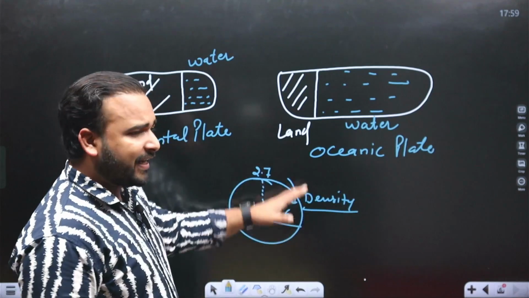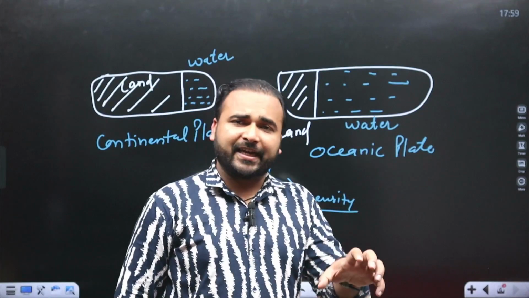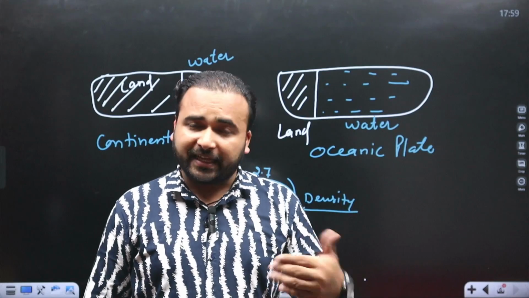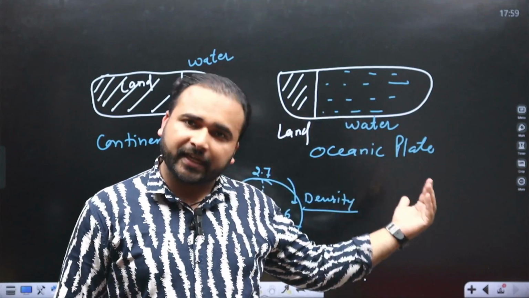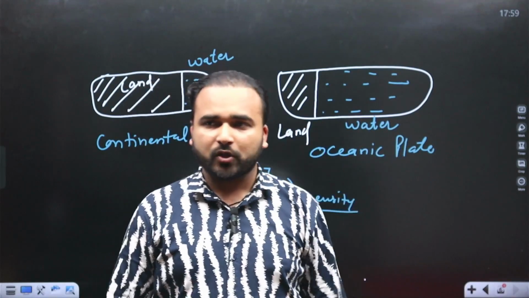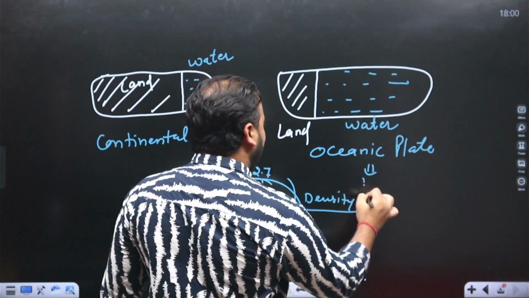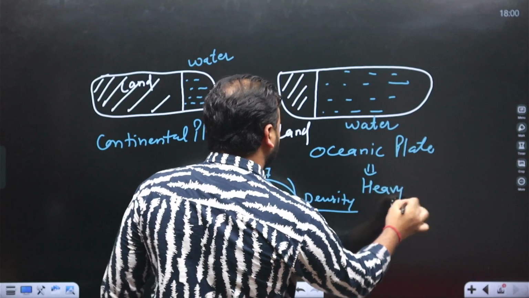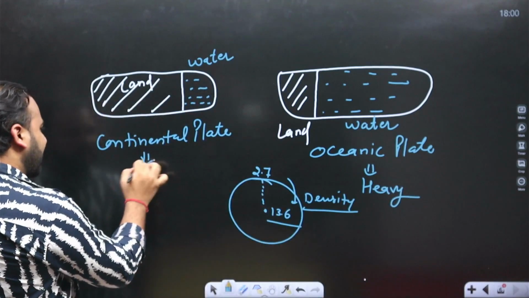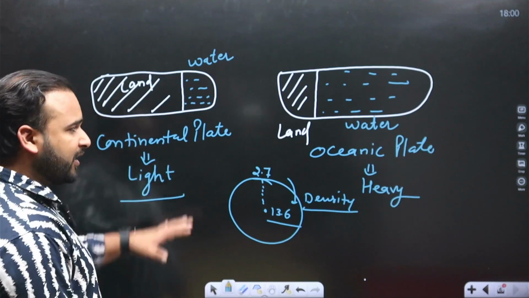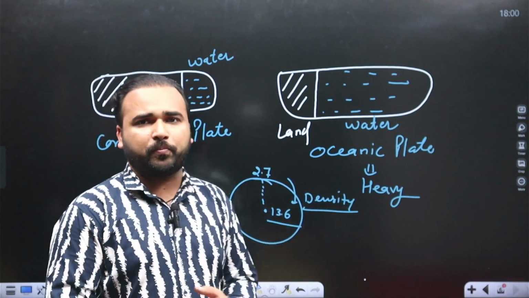Oceanic plate or oceanic crust is of more density than the continental crust. So we can simply say oceanic plates are heavy plates and continental plates are light plates. So it depends on the density of plates.